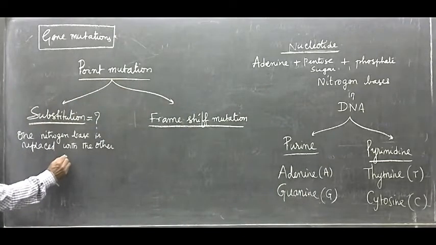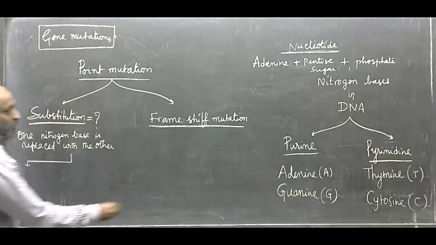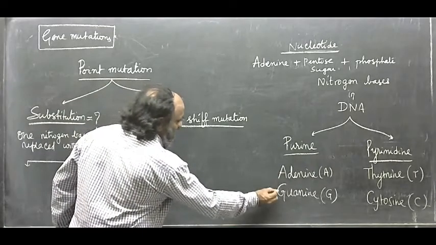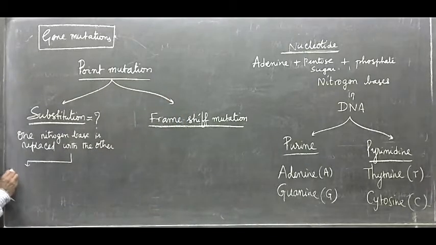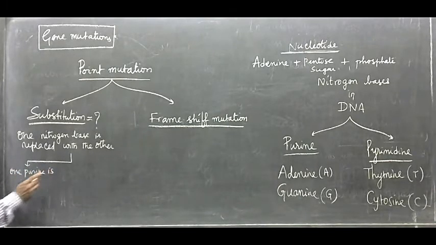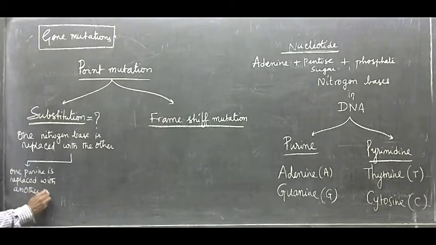Now let me explain this. When adenine is replaced with guanine, it means one purine is replaced with another purine.